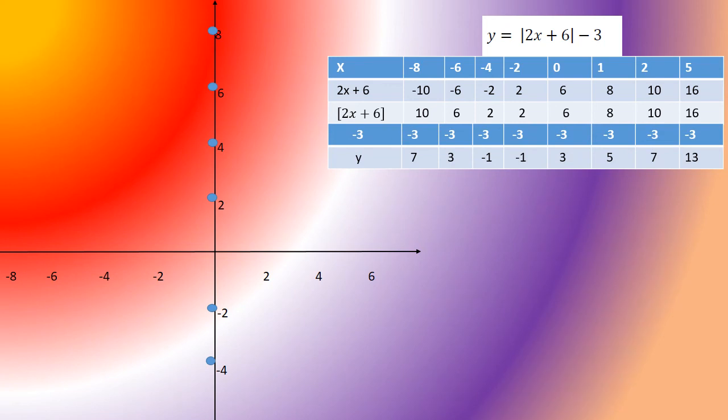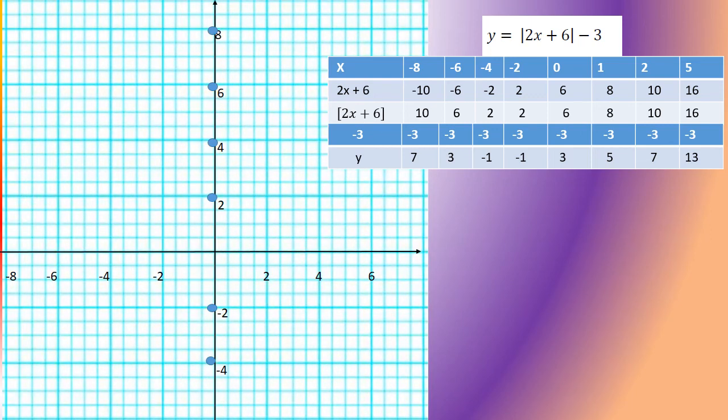Thereafter, you have to subtract 3 from these modulus 2x plus 6 answers for you to obtain the y coordinates. Once the y coordinates are obtained, we can mark the points on the grid and then plot the graph of modulus 2x plus 6 minus 3.